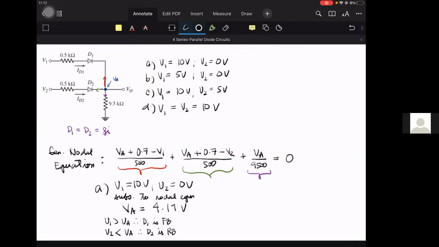Because diode 2 is reverse bias, the circuit that remains is purely a series circuit, which we could redraw as this. 10 volts, 500 ohms, 9,500 ohms.